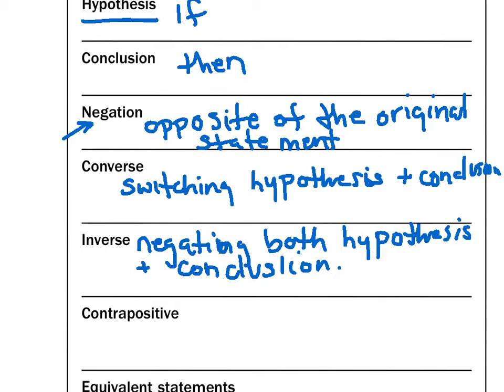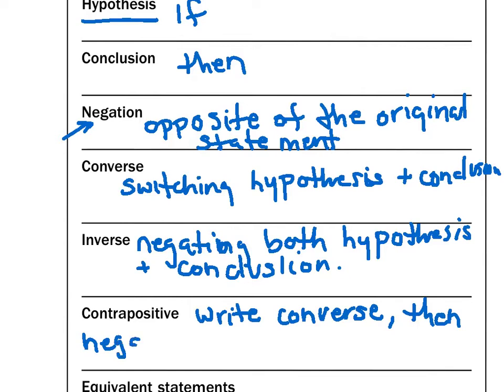Okay, and then contrapositive is formed by writing the converse first, so write it backwards, then negate both.